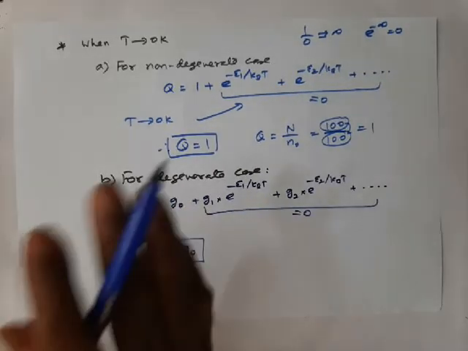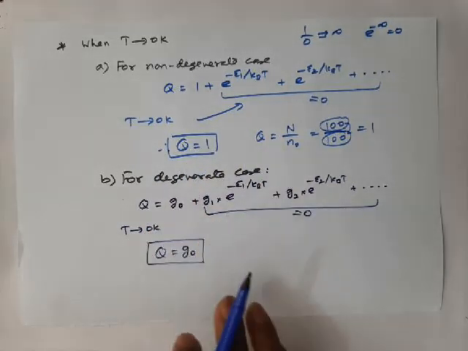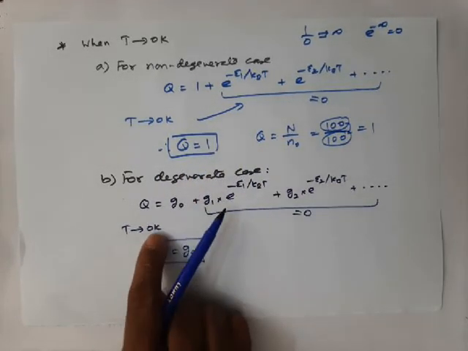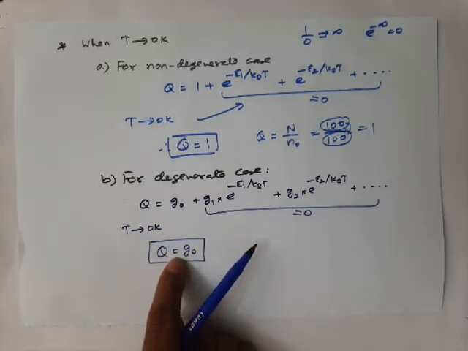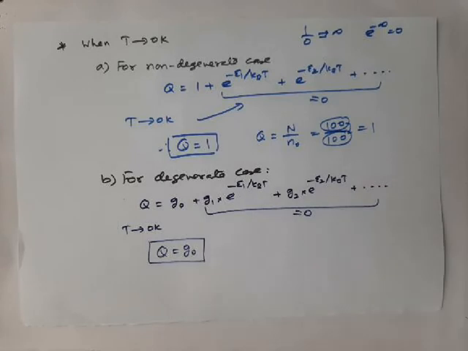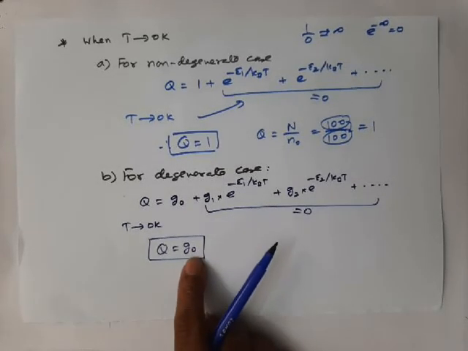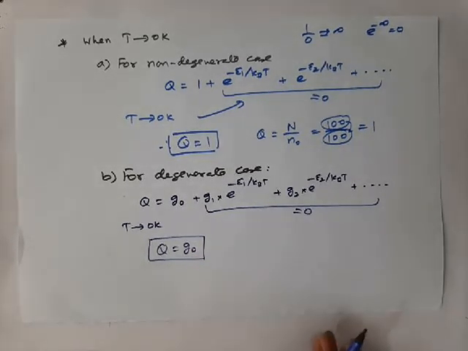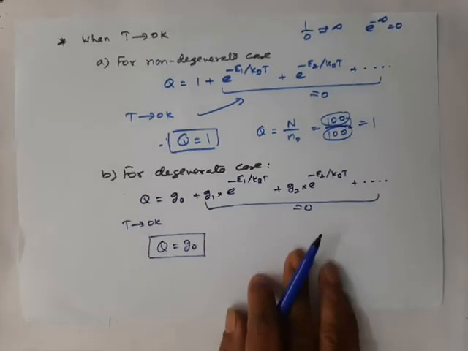If energy levels are degenerate, then when temperature approaches 0 Kelvin, the partition function will be equal to the degeneracy of the ground state, because all the particles will come to the ground energy level. In the ground energy level we have g0 states, and all of them are occupied by particles, therefore Q is equal to g0.